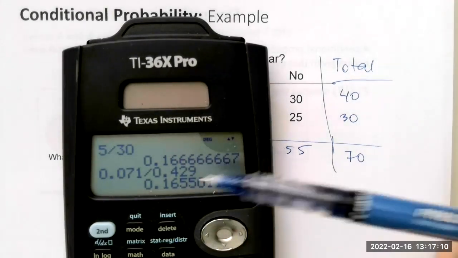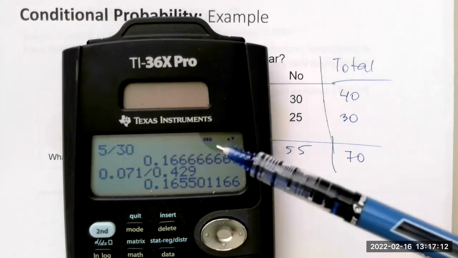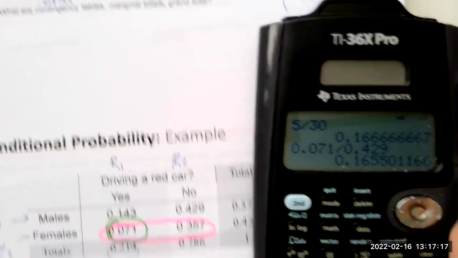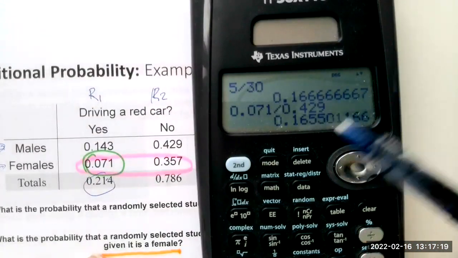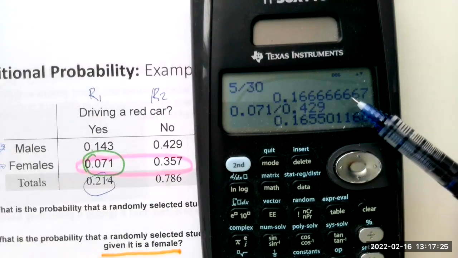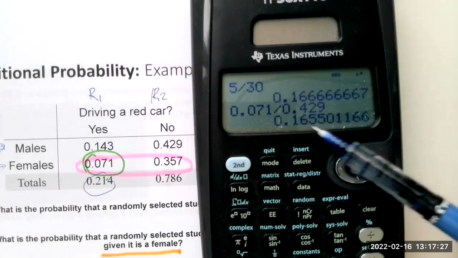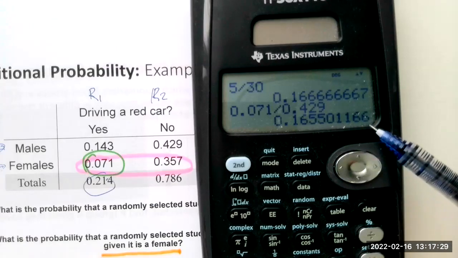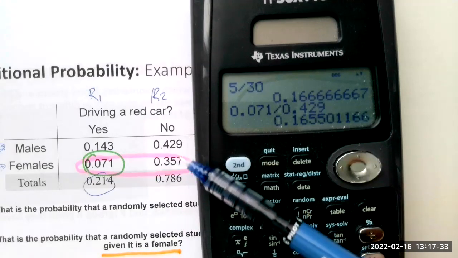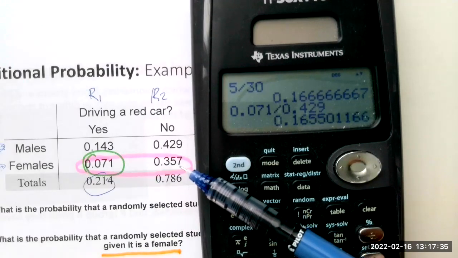0.166 repeated. Now, when I used the relative frequency distribution, I got 0.1655, which is close, but not exactly the same value. I think the reason it's a little bit off is because these probabilities were rounded already.